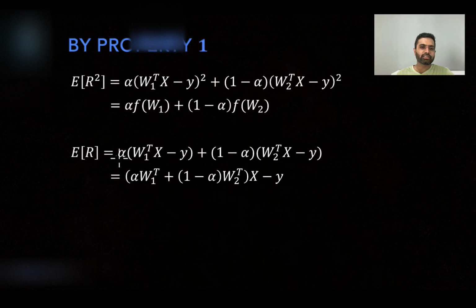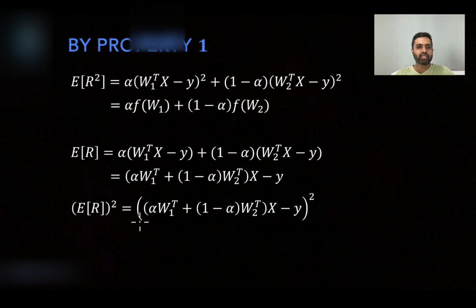So this is just a simplification of the above equation. Now let me square the LHS and RHS both. So the LHS will become the expectation of r whole square, and the RHS is becoming this particular entire equation.